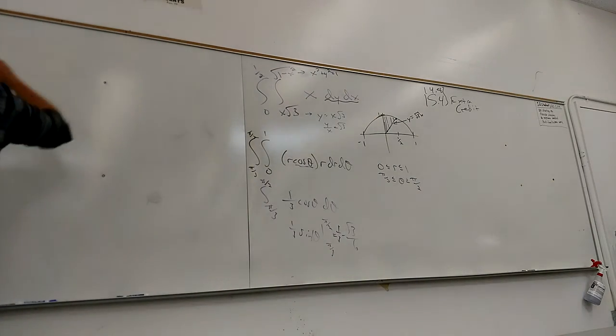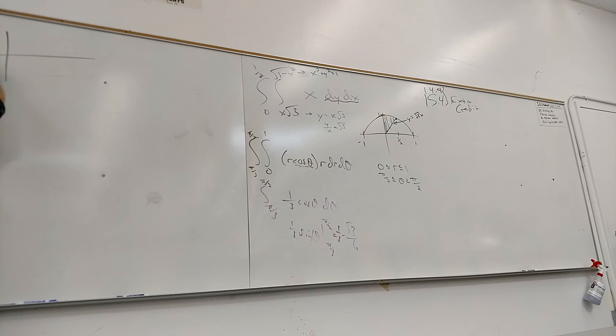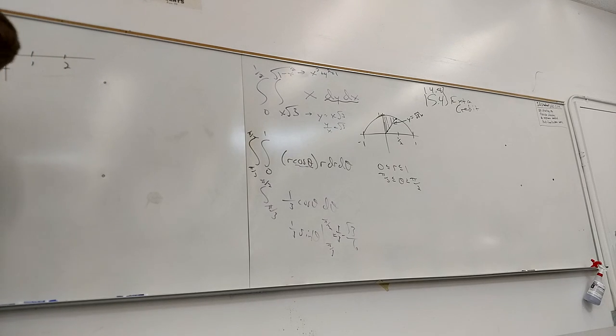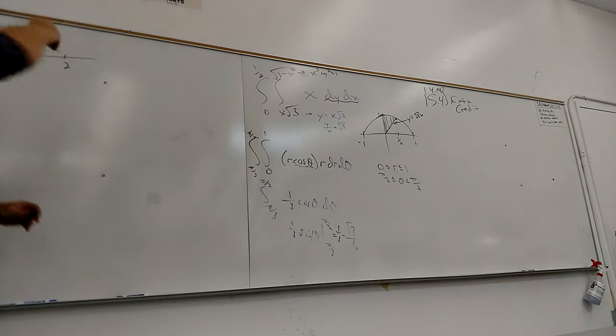Just to make sure everybody's on the right track. That first circle has been moved which way? To the right one. Okay, so it's going to have a center here.